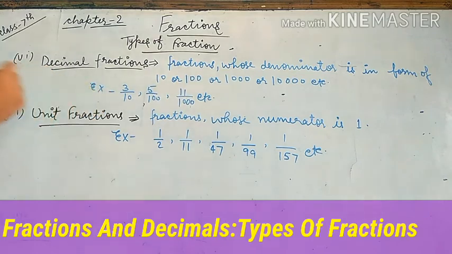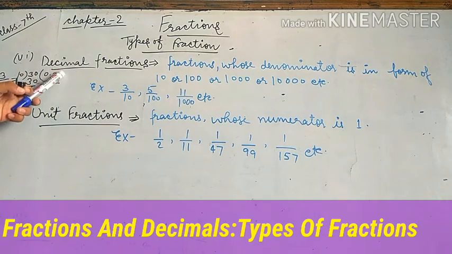Look at 3 upon 10. We will write 3 upon 10 as 0.3. So this is the decimal representation of 3 upon 10. That's why 3 upon 10 is considered a decimal fraction.